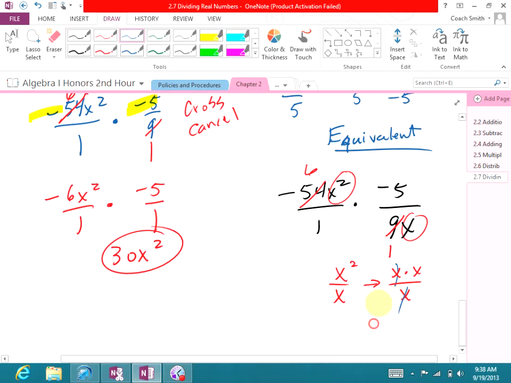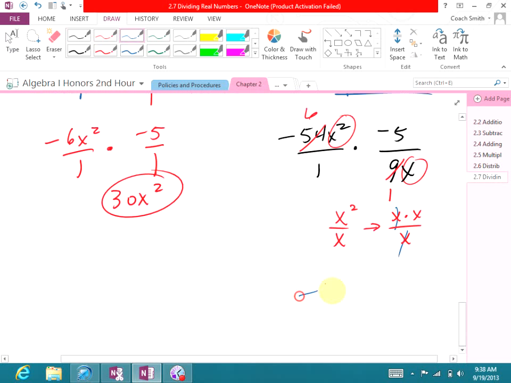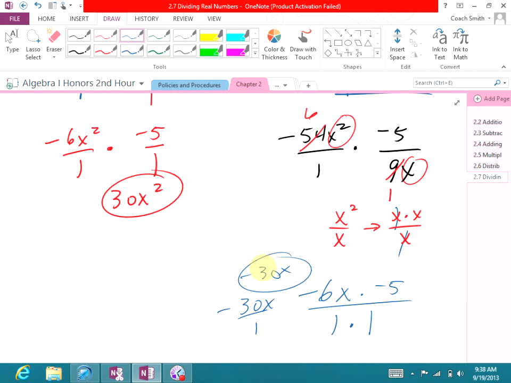And so then that would mean I had negative 6 times x times negative 5 over 1 times 1, which is negative 30x over 1, which is just negative 30x. So the only thing that does is it takes away one of my x's, because I can cancel it out.